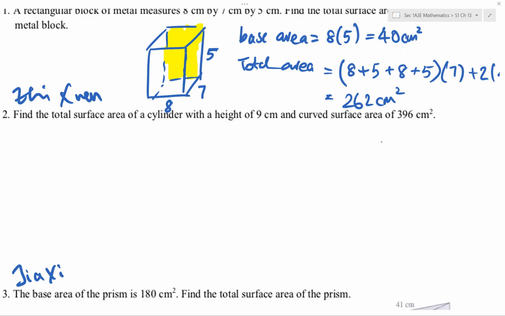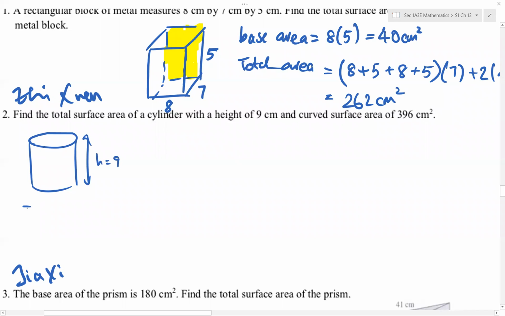Okay, so I'm going to sketch it out with our surface area. Height is 9. H equals 9. Curved surface area equals 396.